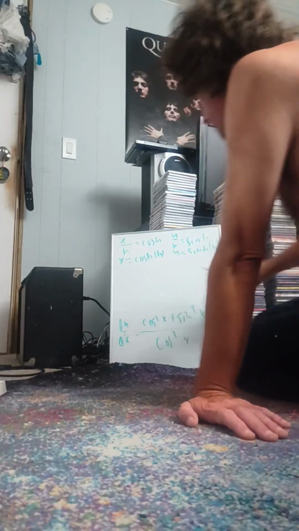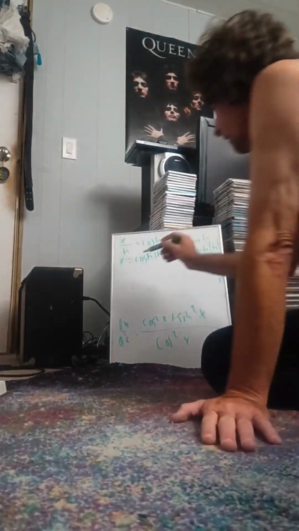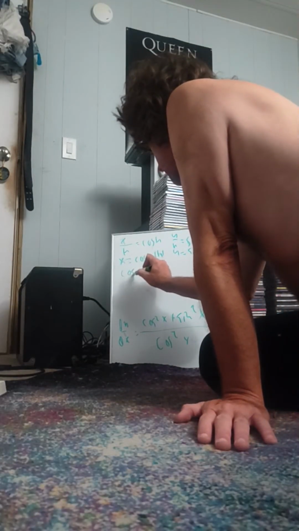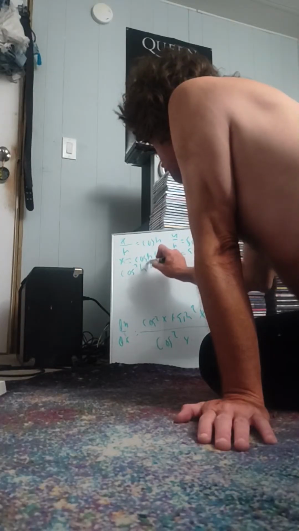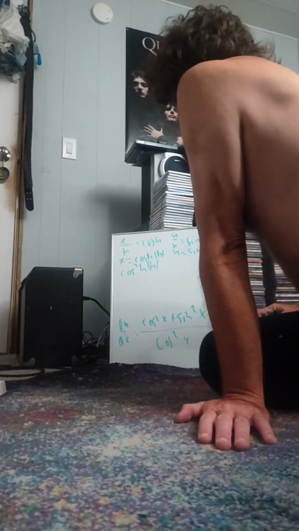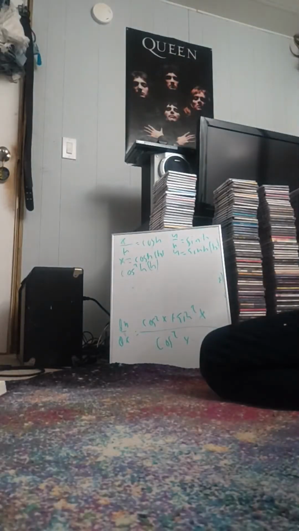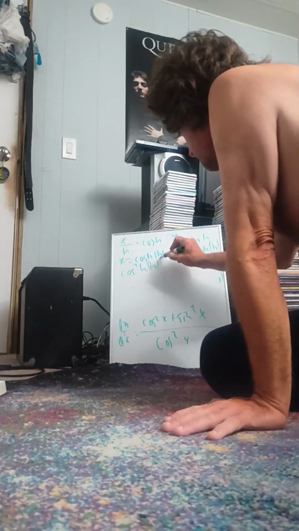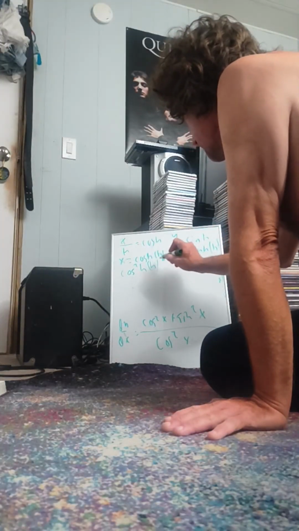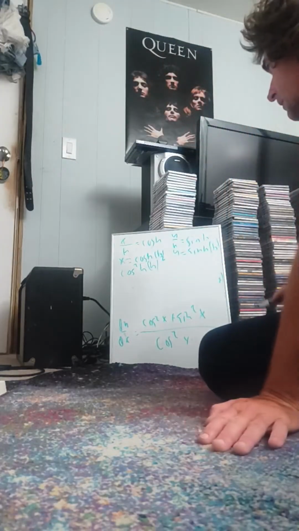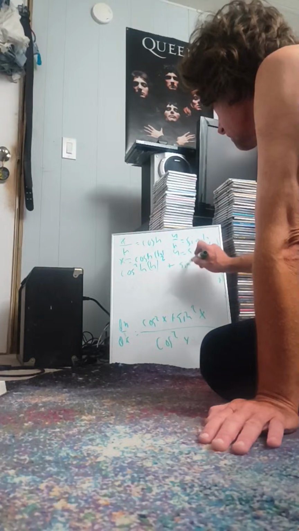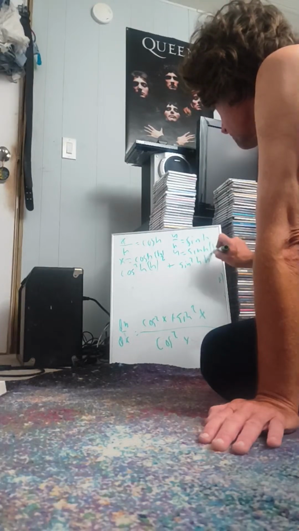If x squared plus y squared equals h squared, then we have x squared, x is this, so x squared is cosine h times h, squared. You can't just leave it as h, it's squared, because it's cosine h times h, squared. And that's x squared, so then you add plus y squared. Y squared is sine h times h, squared.